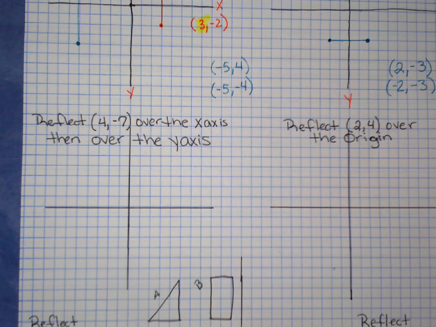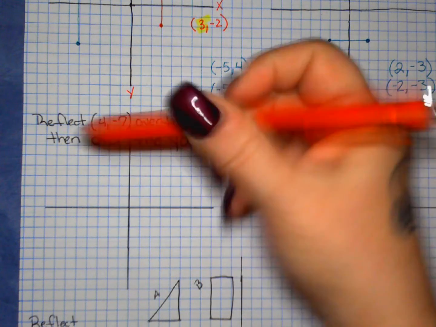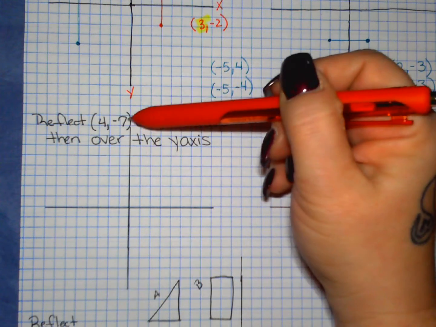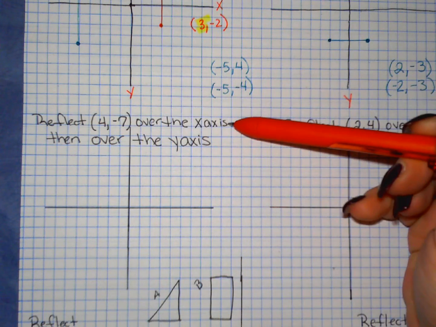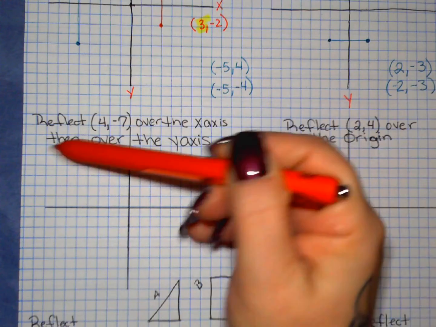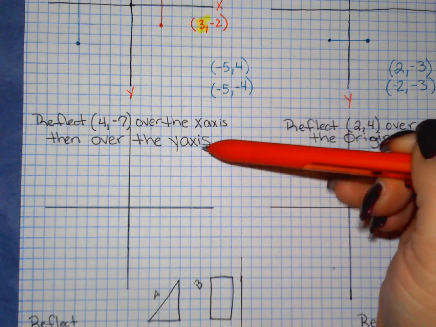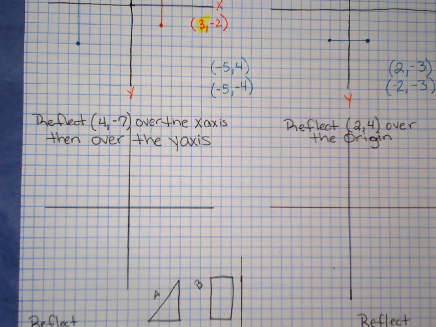Okay, so now let's get into where it could get a little bit more confusing. So this problem says reflect the (4, -7) over the x-axis, then over the y-axis. So what it wants you to do is plot twice. So first let's find (4, -7).